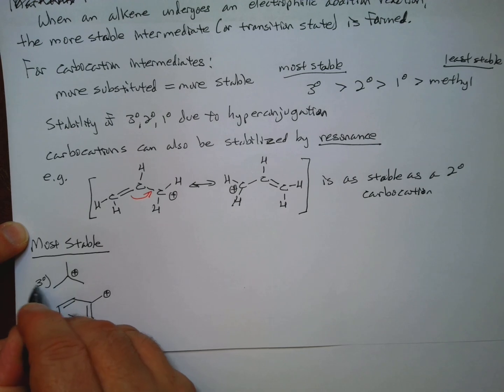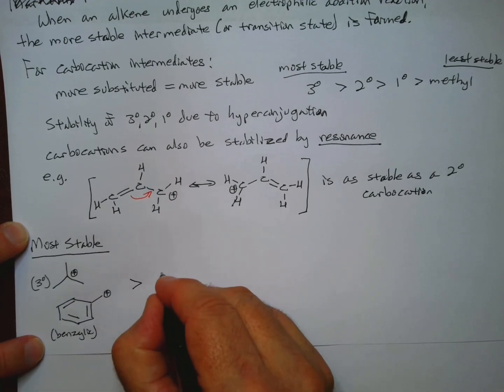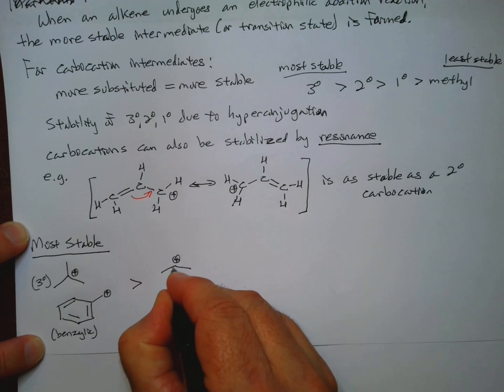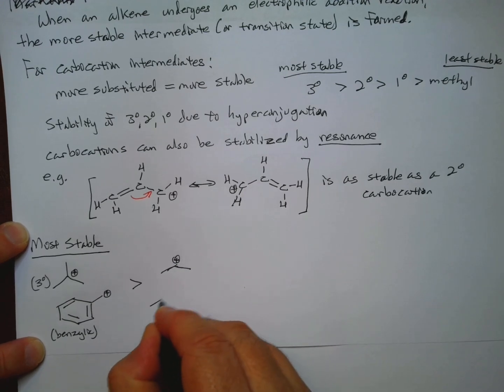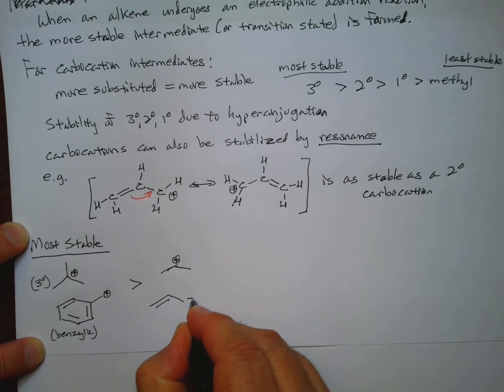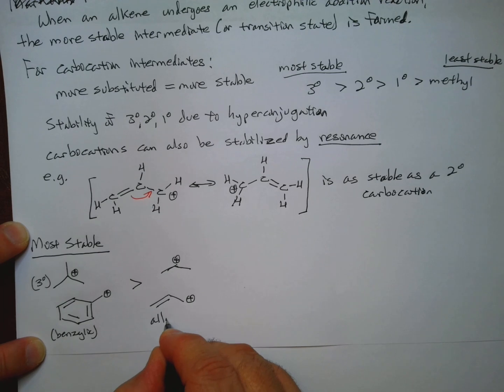That's greater than secondary and the one I just talked about, which we call allylic.